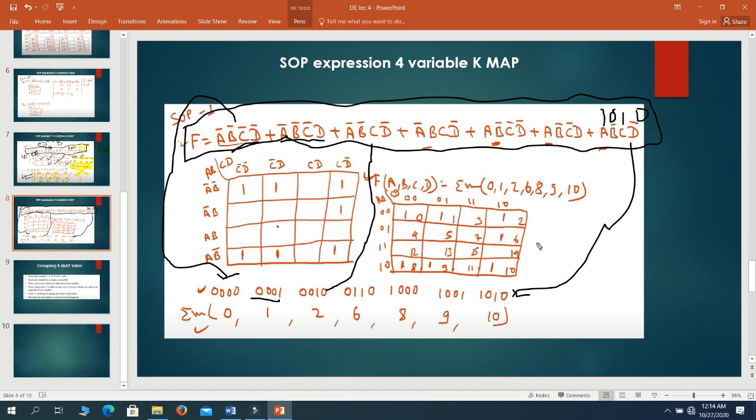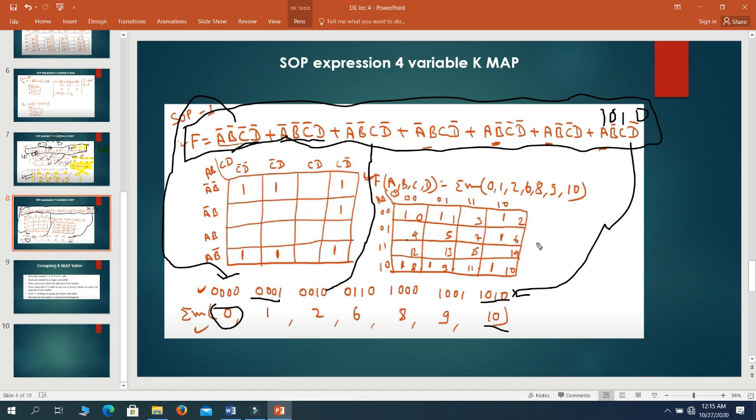Once we have found all the binary equivalents, next up is to find the decimal equivalent. So 0000 can be represented with 0 itself. Fine. I'm not going to explain all the other values. Let's take the last one, that is 1010.